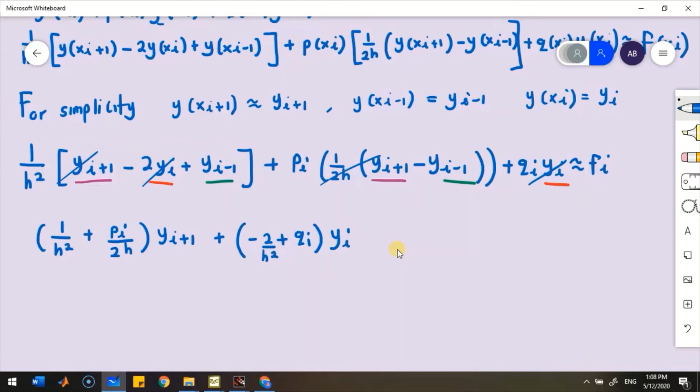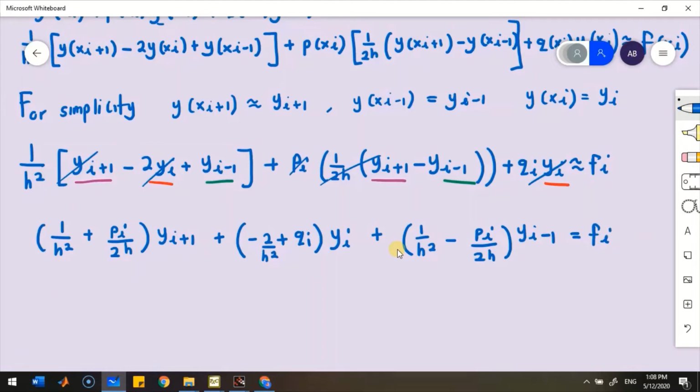And then for yi minus 1, we have 1 over h squared minus pi over 2h. Now this term multiplies with this, and for this term we have yi minus 1 equals f of i.